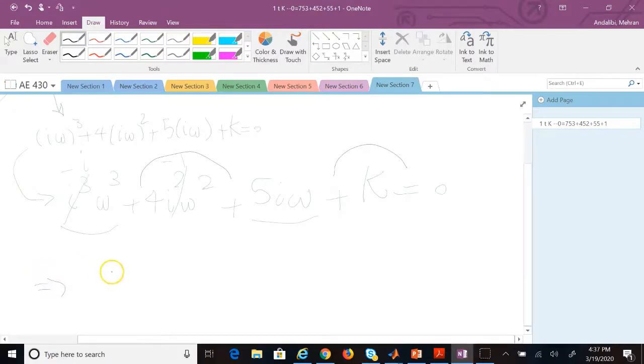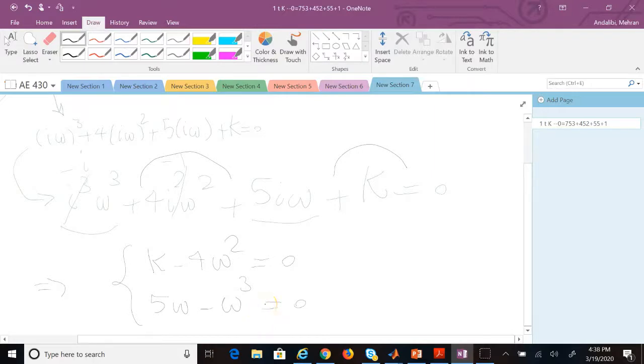It means the terms without i should sum to 0, which is k minus 4 omega squared should be 0. And then if I factor out i in these two terms with i in them, what would you get? 5 omega minus omega cubed. This should also be 0.